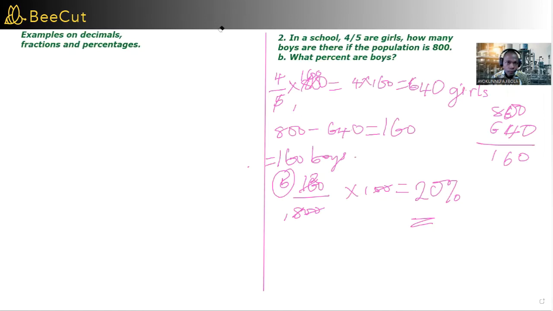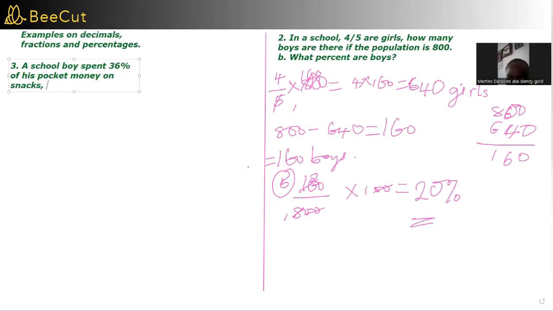So the third question: a schoolboy spent 36% of his pocket money on snacks and was left with 60 naira.